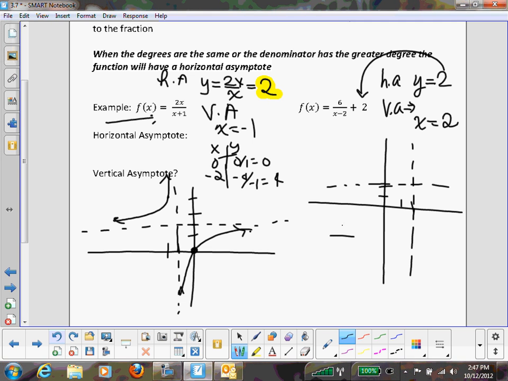So do your little test point. All right, if x is going to equal 1 and 3, those would be some good values to use for my x. If x is 1, I'm going to get negative 4, aren't I? Is that right?